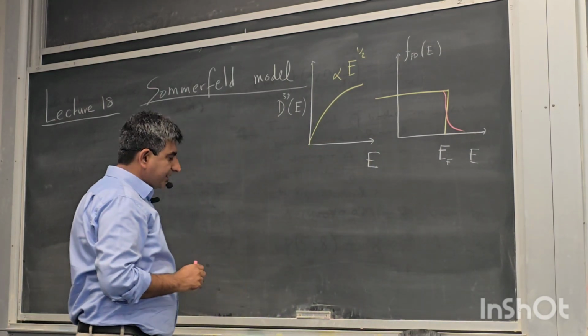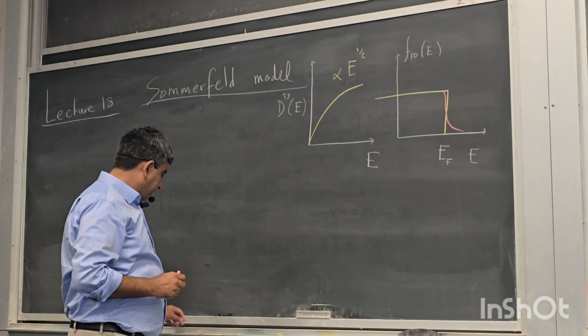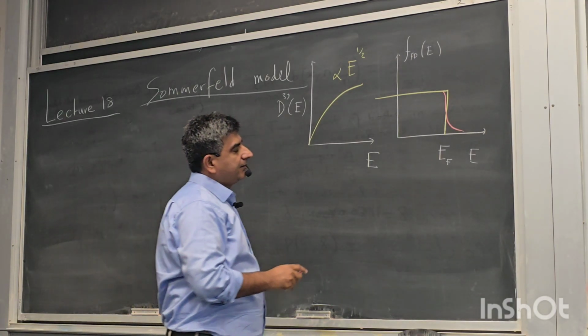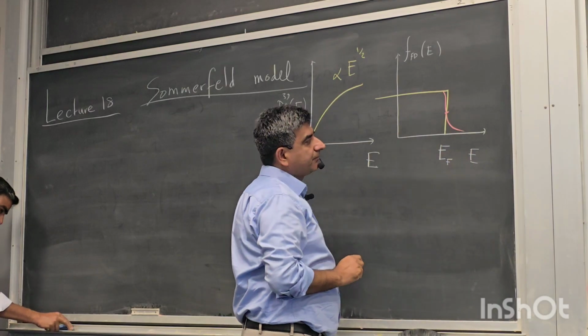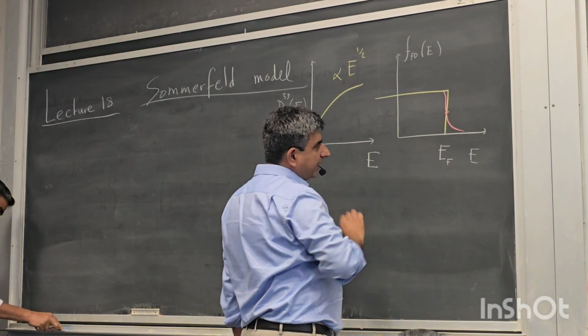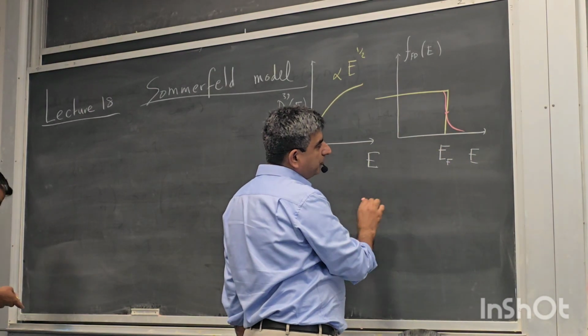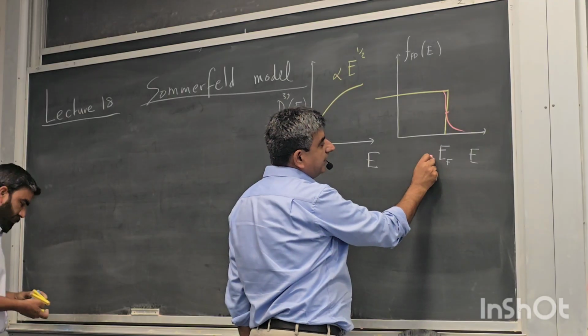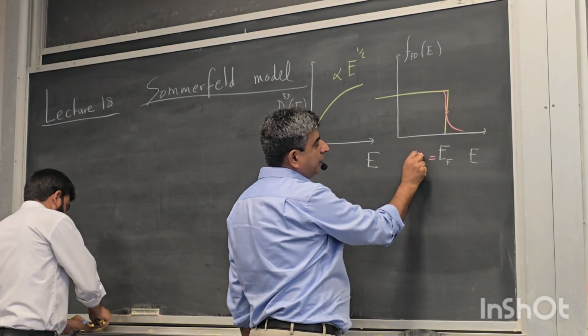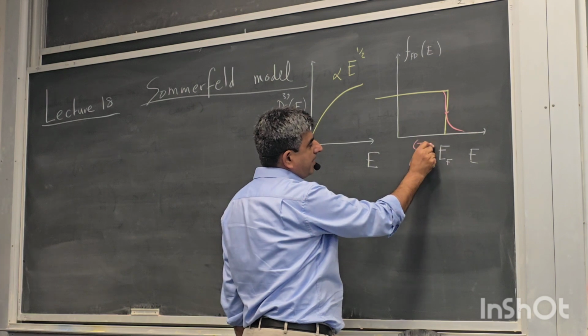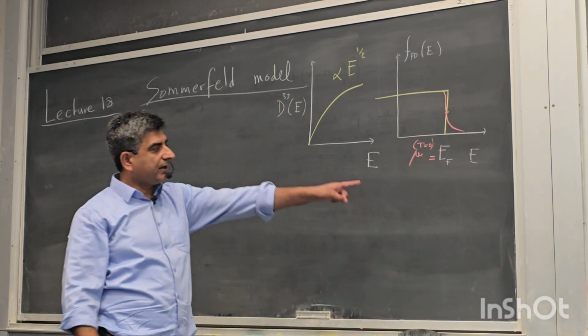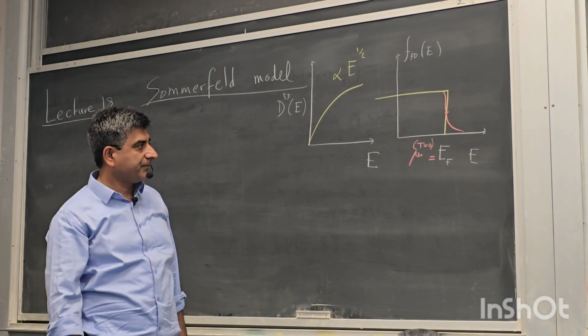Another interesting subtle effect that we will consider today is that the chemical potential also varies as the temperature changes. At 0 kelvins, the Fermi energy equals the chemical potential. So the chemical potential at 0 kelvins is called the Fermi energy.